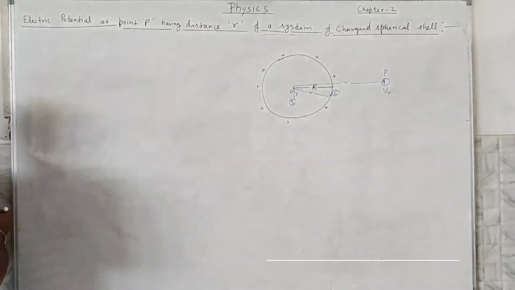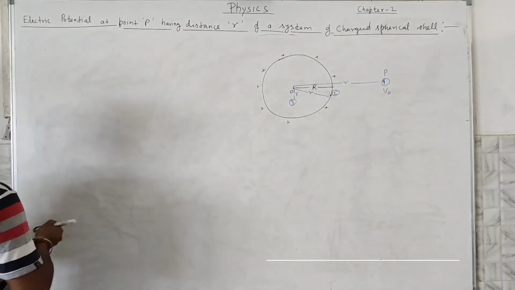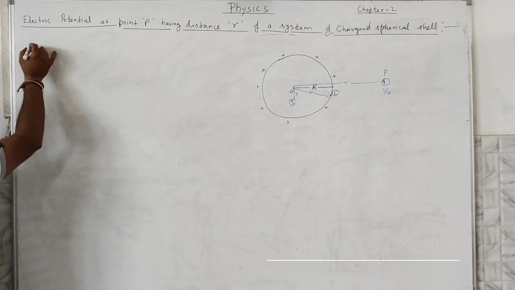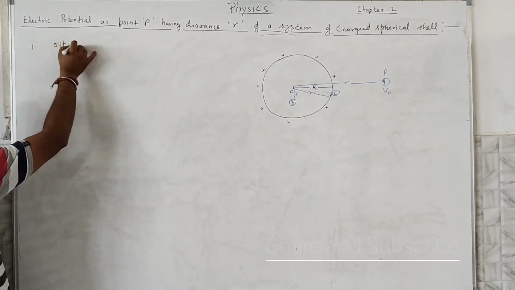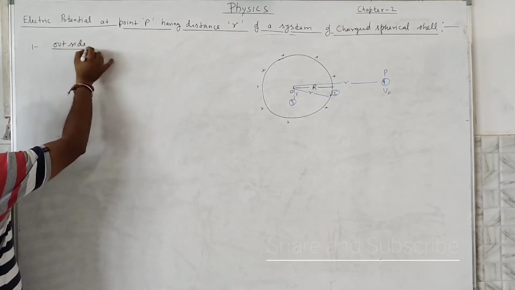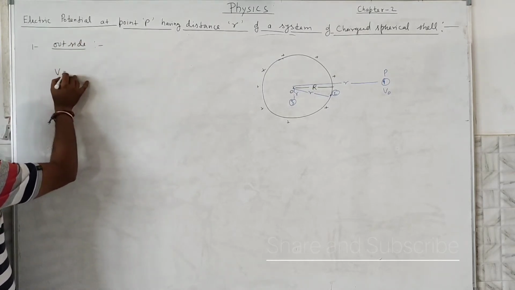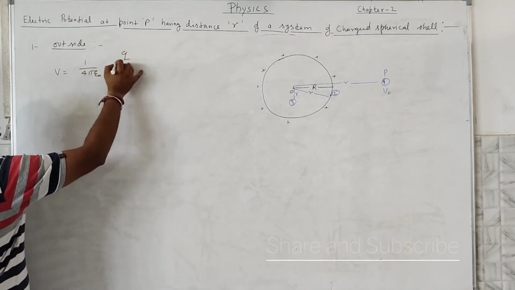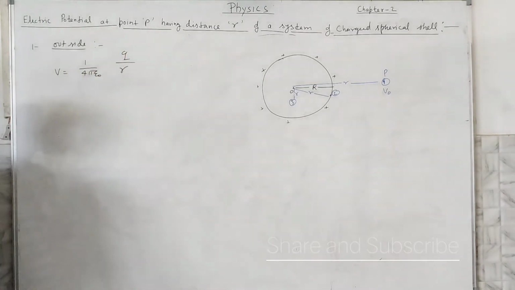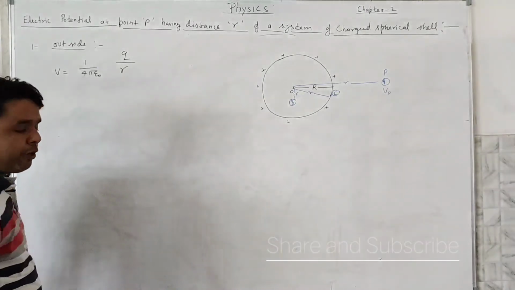So in the first case we will see what the electric potential outside will be. V is equal to 1 upon 4 pi epsilon naught times total charge divided by the distance. We know that this formula is for the point charge also.